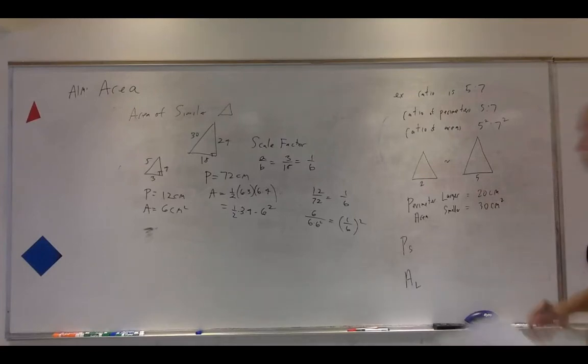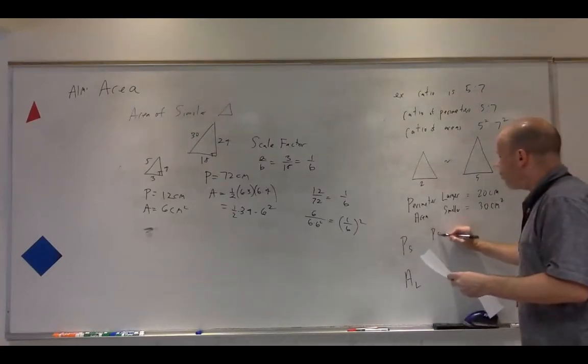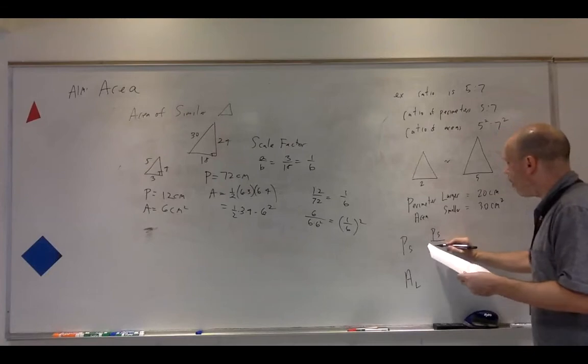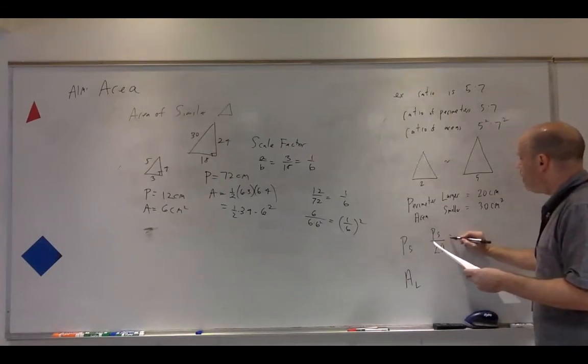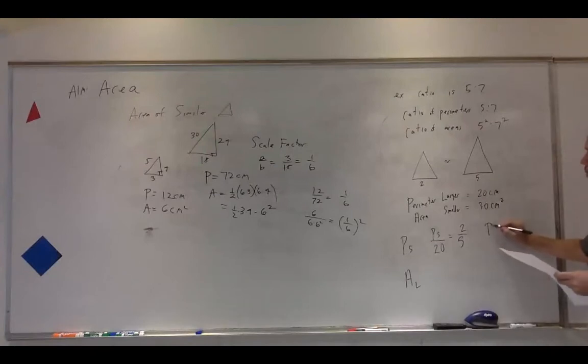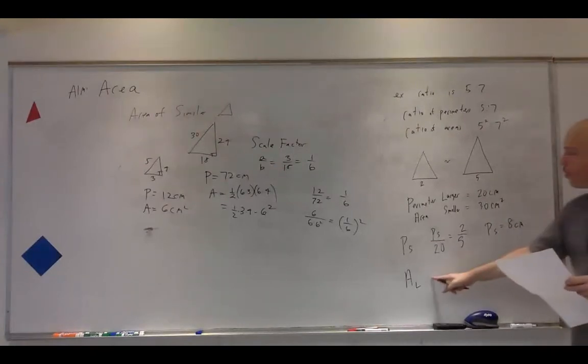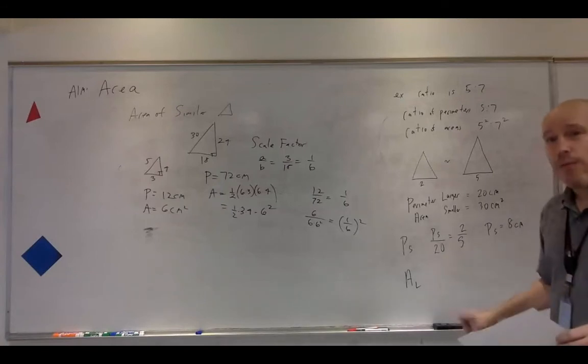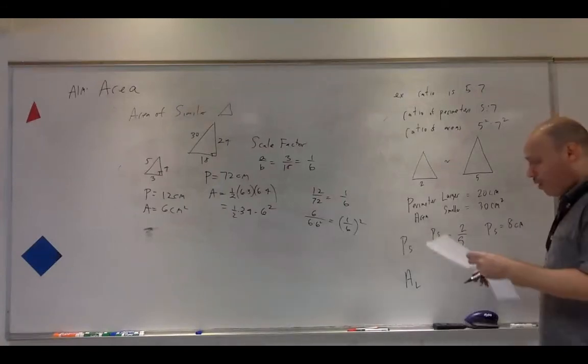And so this is very straightforward. The perimeter of the smaller compared to the perimeter of the larger is equal to 2 to 5. Therefore, the perimeter of the smaller is 8 centimeters. What's going on when we find the area changes a little bit.